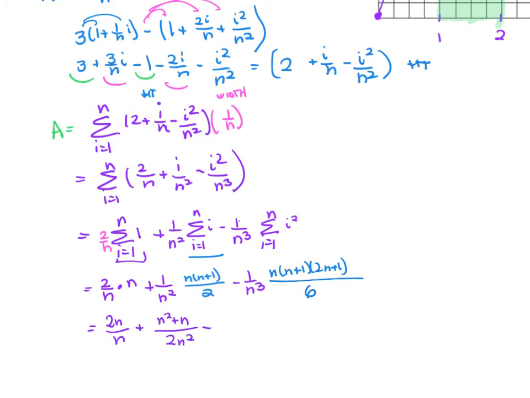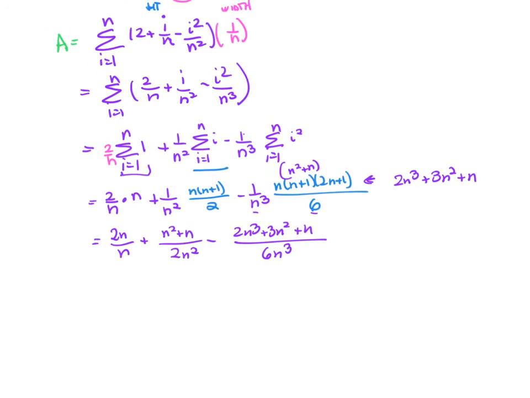minus, we're going to multiply all of this through, so this numerator will become, so n squared plus n, multiplying it together. This will be 2n cubed plus 3n squared plus n. So that's what that changes to. So minus 2n cubed plus 3n squared plus n all over 6n cubed. So we need a common denominator. So 6n cubed, I need to multiply 6n squared to the first term.